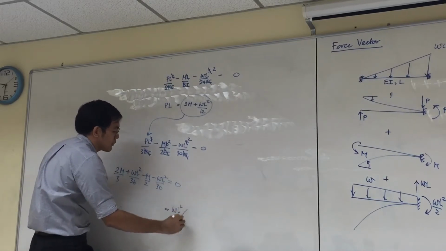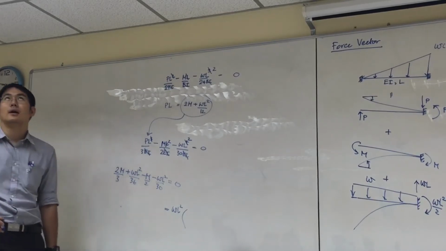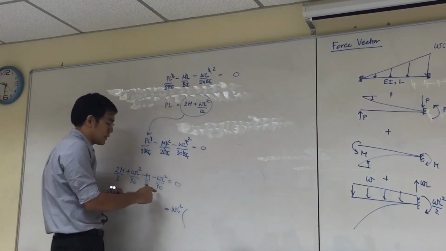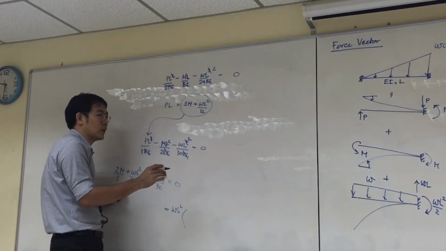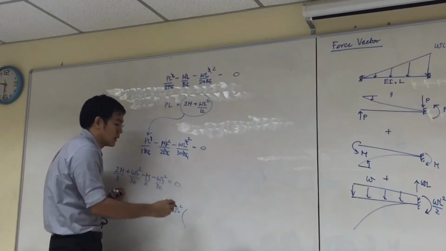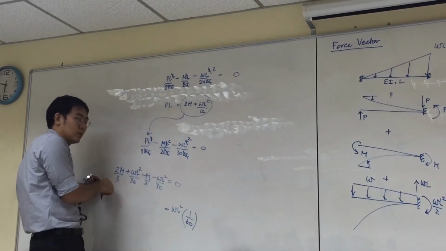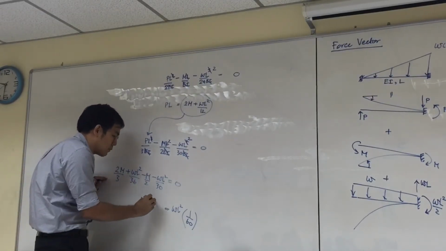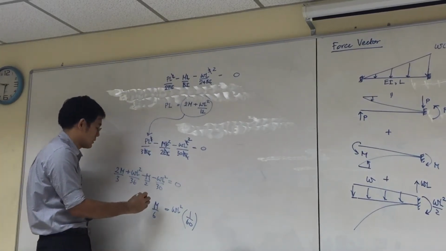WL square on that side: 1 over 30 minus 1 over 36. Okay, 360, so 36 minus 30 ends up with 6 over 360. This is 1 over 60, for this side. Then 2/3 and then a half, so 4 over 6 minus 3 over 6 is M over 6.